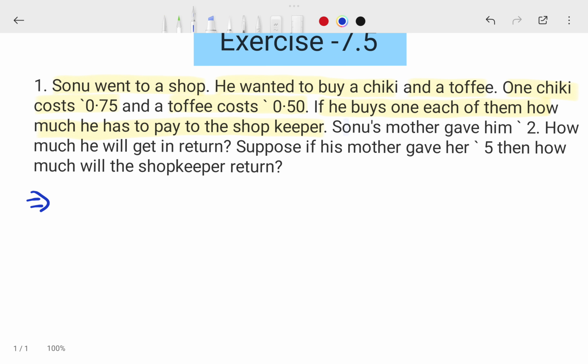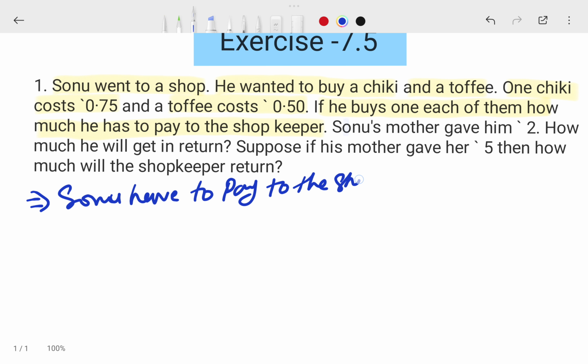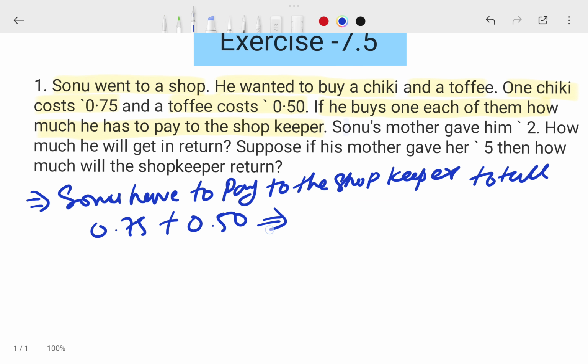So we will write: Sonu has to pay to the shopkeeper a total of 0.75 plus 0.50, which equals, if you add 0.75 and 0.50, the point is here also. 5 plus 0 is 5, 7 plus 5 is 12, carry 1 here, and the point goes after the two digits, in the middle. So how much?